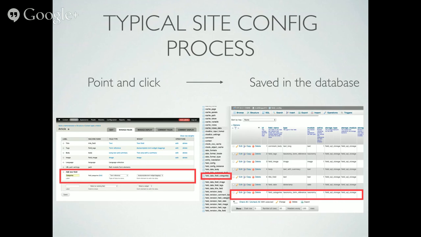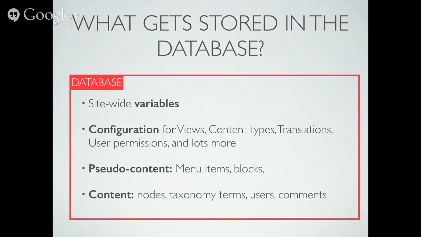So even though it's a content management system that has a database and code, making changes to the configuration always gets saved in the database. If you look at what gets saved in the database, especially if you actually open up the database and start looking through it, you'll find a lot of things in there. You'll find site-wide variables, the name of your site, what the front page of your site is.